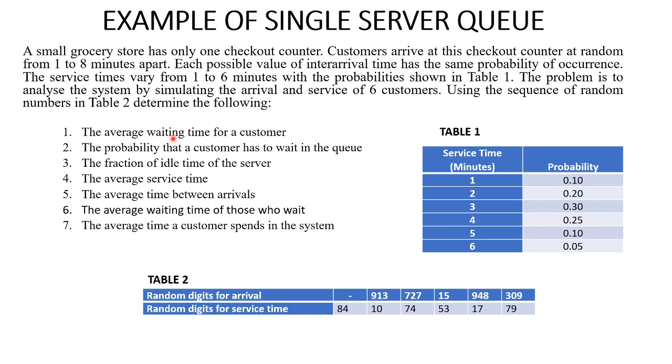The fraction of idle time of the server, the average service time, the average time between arrivals, the average waiting time of those who wait, the average time a customer spends in the system. So the essence of all this is to help the system or the management of such a store to be able to plan.